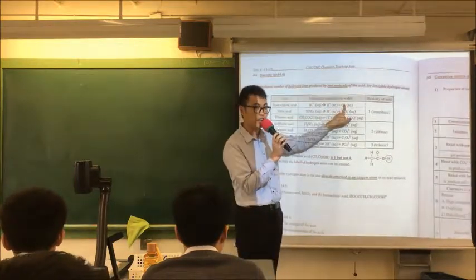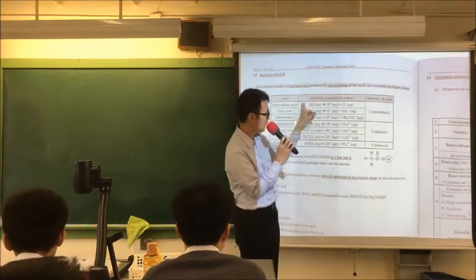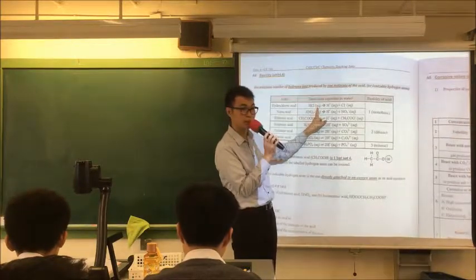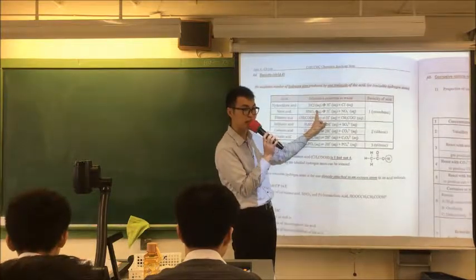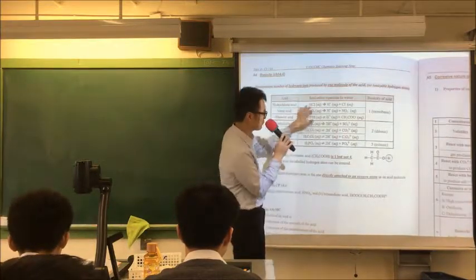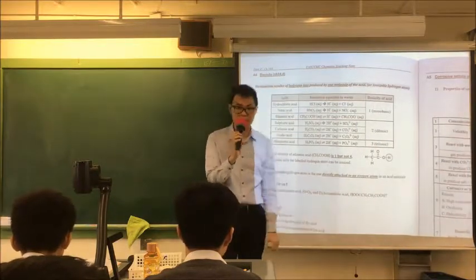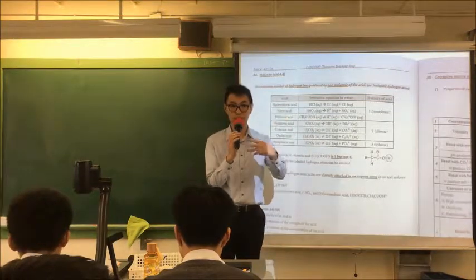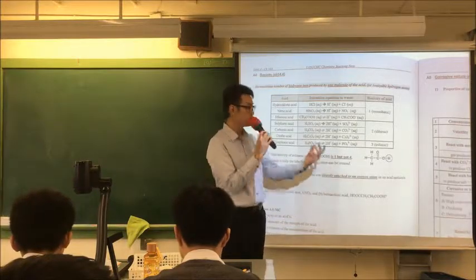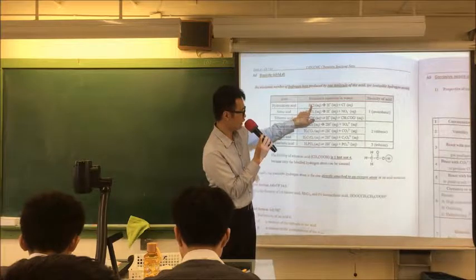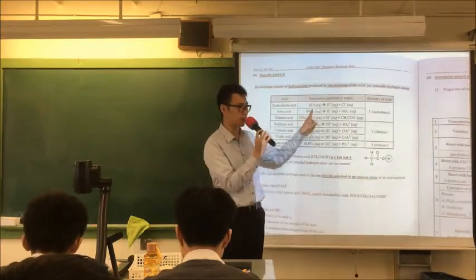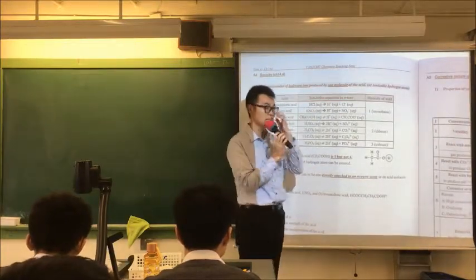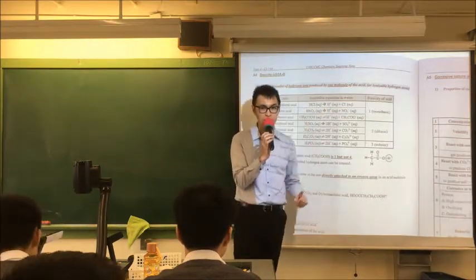When it dissolves in water, 1 mole of this acid molecule... Actually my definition is slightly wrong, because I am talking about ionization, so the state symbol should be gas. But this is OK too, because ionization means the molecule becomes ions after going in. It really means the molecule dissolves in water. OK, HCl. So when HCl dissolves in water, 1 mole of HCl will give 1 mole of H+.